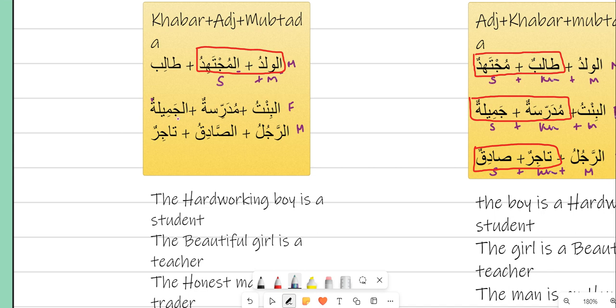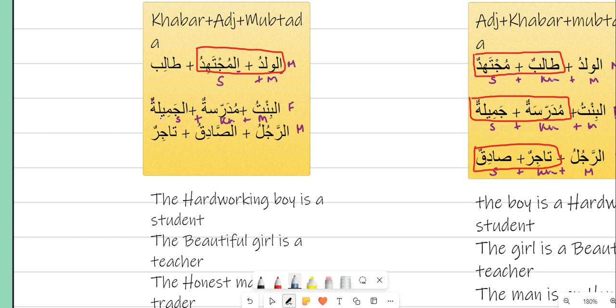Now we have mubtada plus khabar and then sifa. Now here what is happening? The sifa is coming after the khabar. But that doesn't mean that this sifa is for the khabar. Why? Because you cannot match. This is totally different, even though they are both feminine.